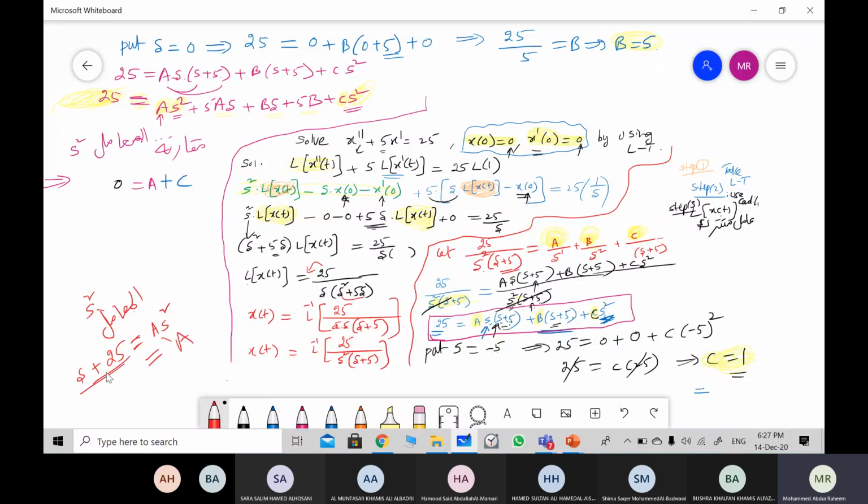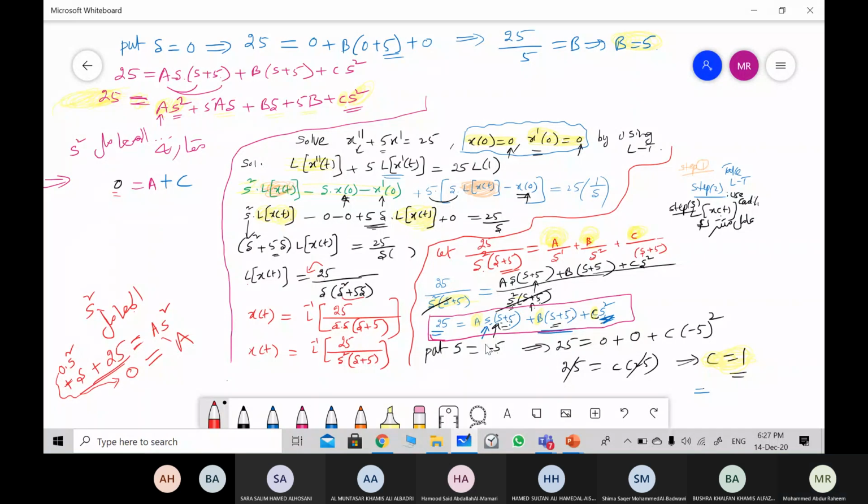But this side? There is none, which means 0 multiplied by S squared. I can write like that, no value change. Then how much is the coefficient? 0. Understood now? Yes. That's why this is 0.